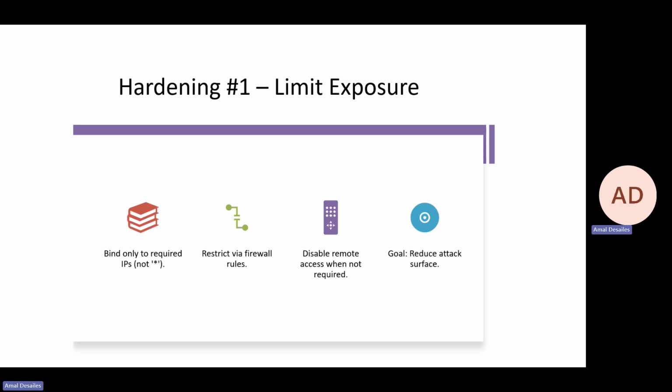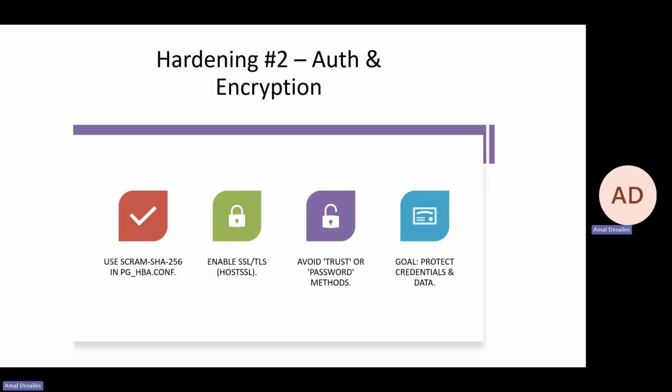Then the next hardening recommendation is authentication and encryption. Second, tighten authentication and encrypt traffic. In pg_hba.conf, prefer scram-sha-256 over older methods like MD5. Also enable SSL/TLS so the client traffic is encrypted.